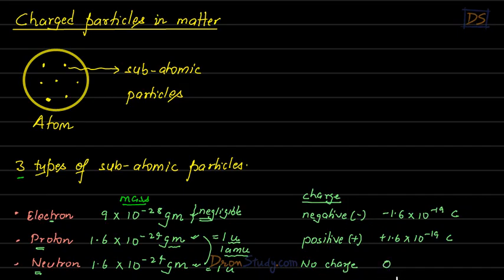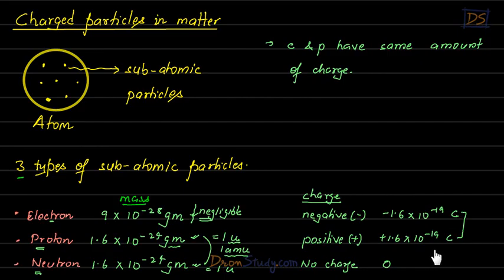So you can see a very important point here, students, that electron and proton have the same charge. The value of charge on both of them is the same. However, electron has negative charge and proton has positive charge, but the value is the same. So we can write this down, that electron and proton have the same amount of charge, but the sign is opposite.